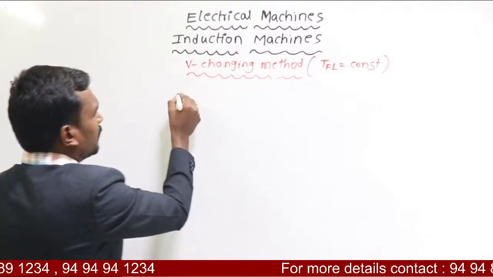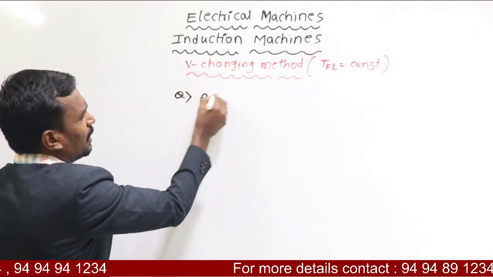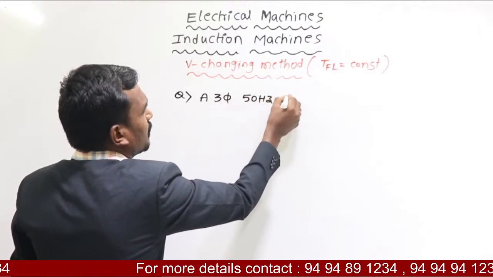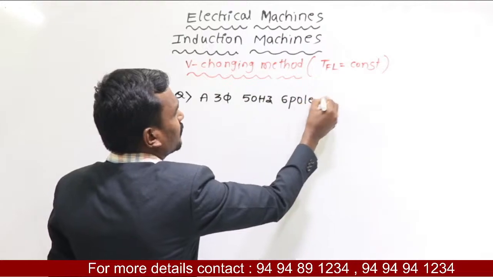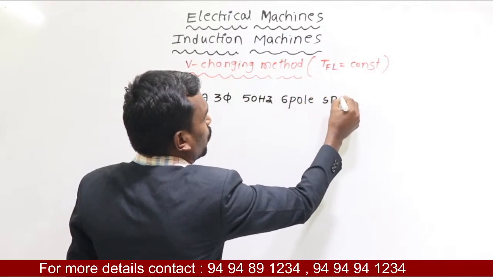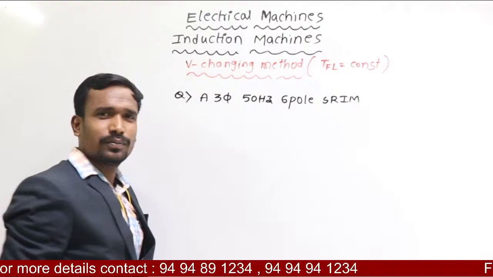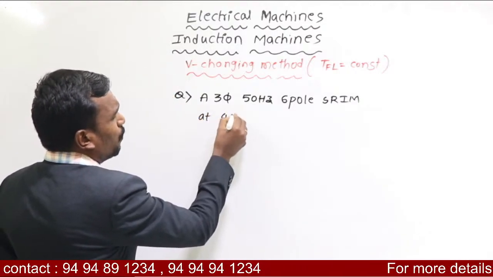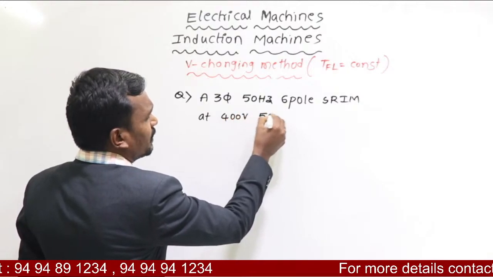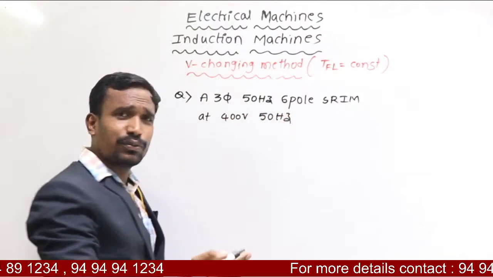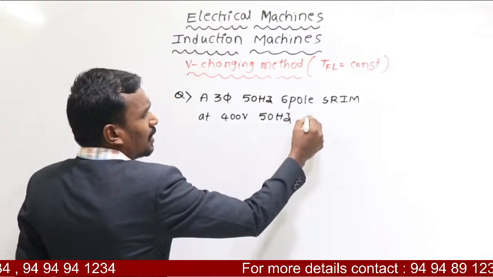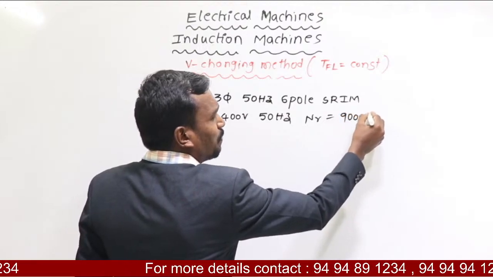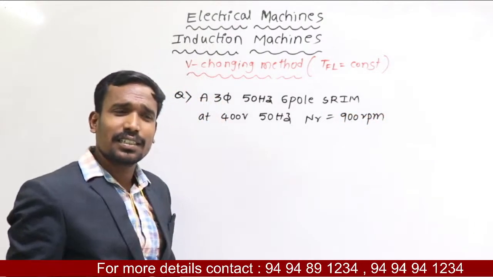For example, they will ask you a question like this: a three-phase 50 Hz 6-pole slip ring induction motor at 400 volts 50 hertz rotating at 900 rpm.